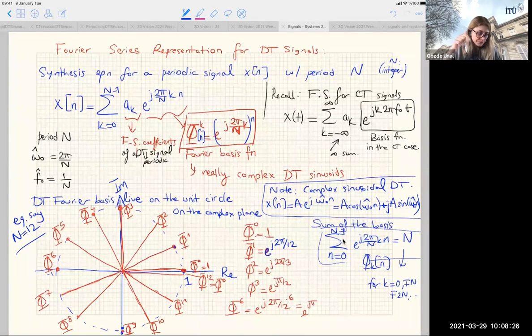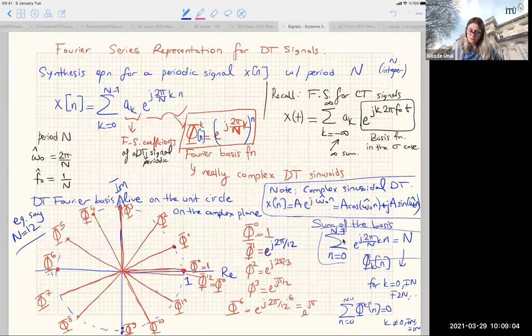So I can say all other unit vectors, v k of n, sum to 0. The sum from 0 to N minus 1 of v k of n is 0 when k is not equal to these multiples of N. You see, when I don't have this one term, everybody else cancels each other, right?